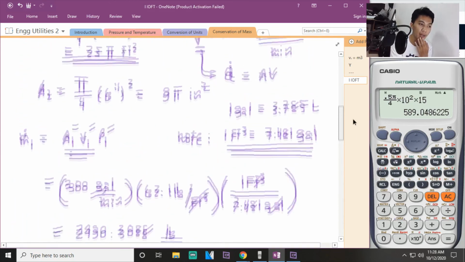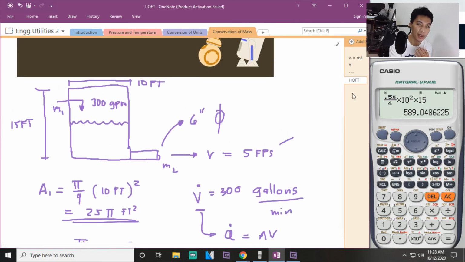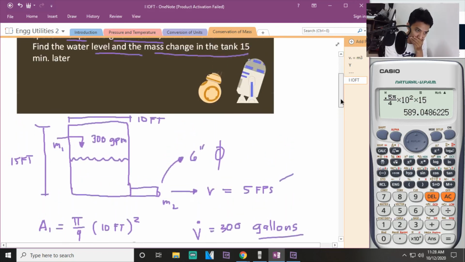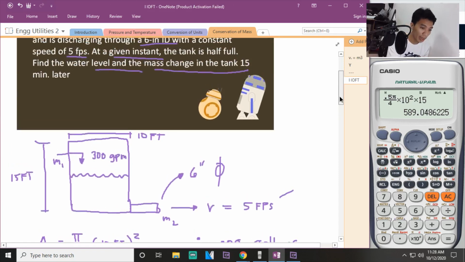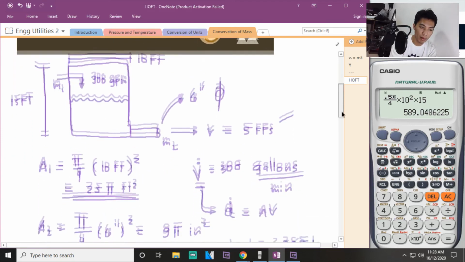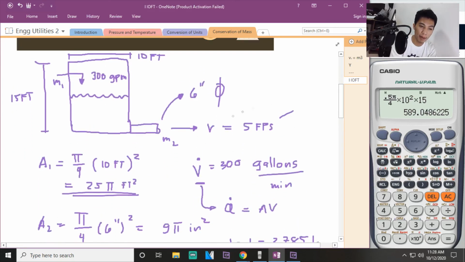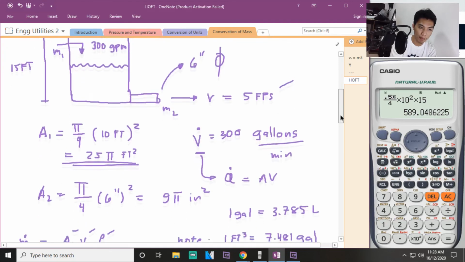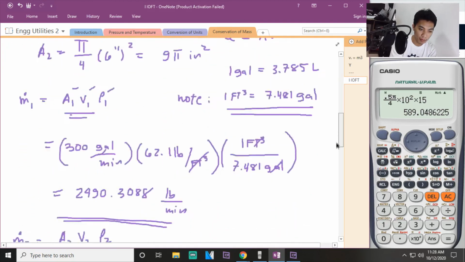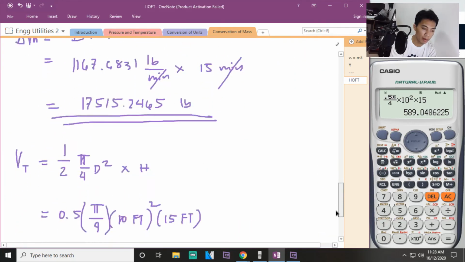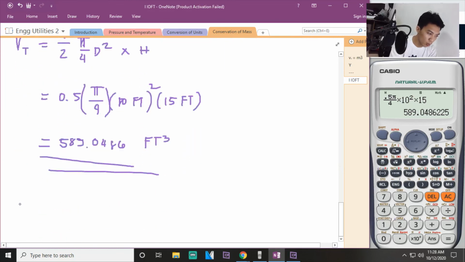The water level na lang. Paano mo hahanapin yan, sir? Ano yung volume flow rate niya dito na nababawas? Okay. Hanapin mo yung volume flow rate na naibabawas dito. So, that will be the volume flow rate nung sa 2.